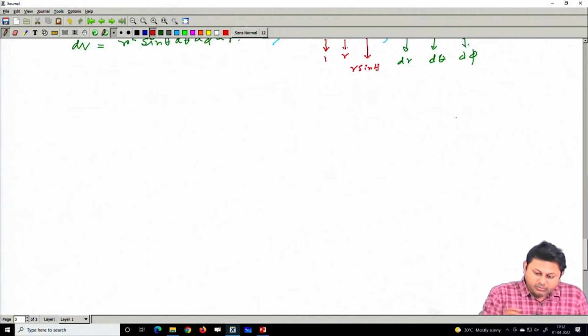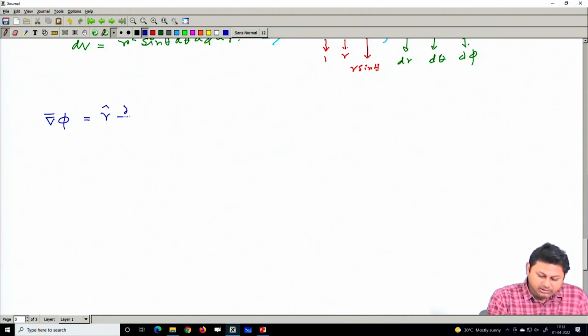Okay, so now what about the gradient? How will the gradient operate in this coordinate system? It is simply r unit vector, then del Phi del r. Let us put big Phi again, otherwise I will have problems, because here we have a phi variable.